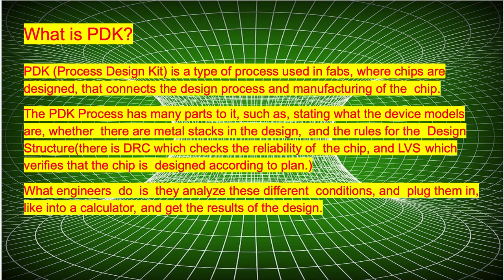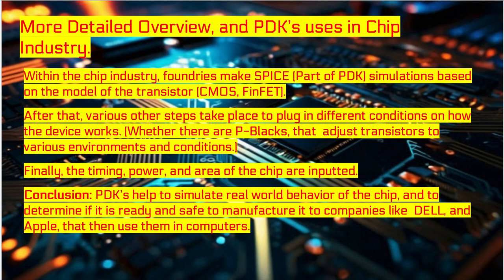There's also the LVS part of the design structure that verifies the chip is designed properly, designed how it's supposed to be designed, or according to plan. So what engineers do is they look into these different conditions, and then, as mentioned before, they plug them into the PDK, sort of like into a calculator, and then they get different results based on that design process.